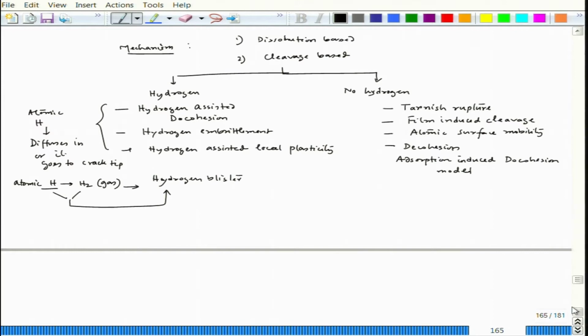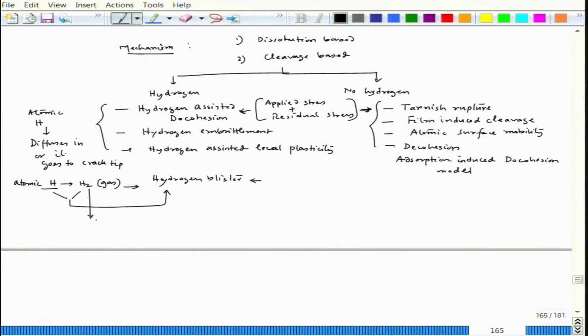In all those cases we must have applied stress or residual stress. So, this is important in both the cases. But in the blister case, the stress generates because of hydrogen.